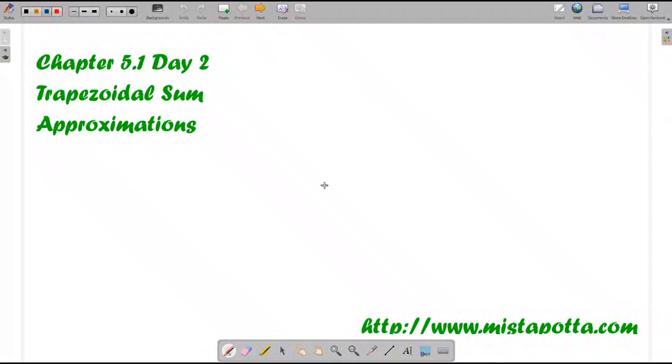Potter. In our last episode, we talked about how to estimate the area under the curve by using rectangles. And we had three main techniques that we were using.